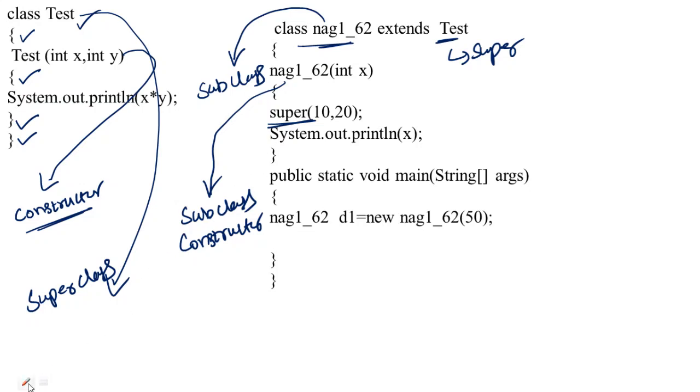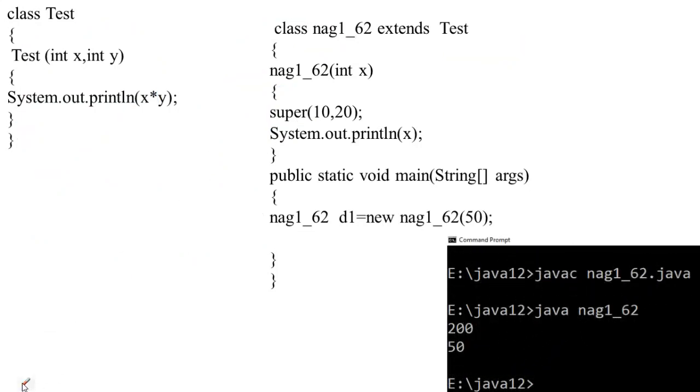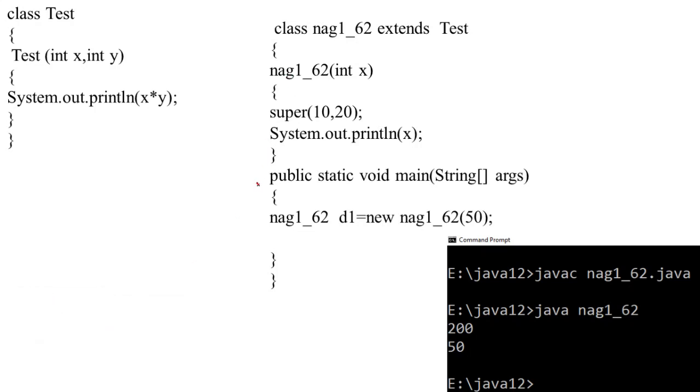Now let me show the output. What is the output? Let me explain the program. Public static void main String args. I am creating an object for the subclass. What is my subclass name? nog1_62.